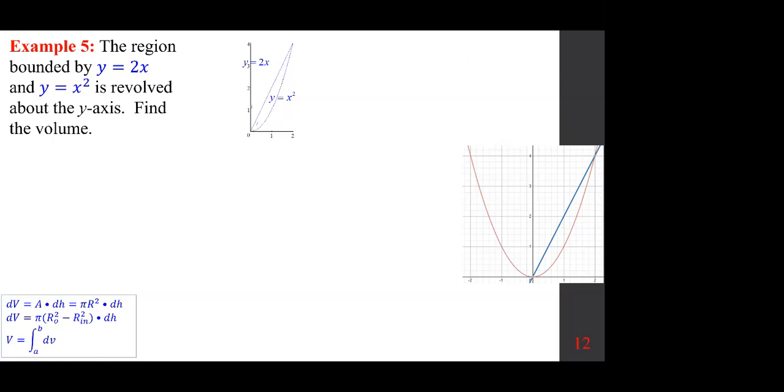What we want is really this region, only this region, and that's why we have a typical region here, where y equals x squared is the curve, and y equals 2x is the line.